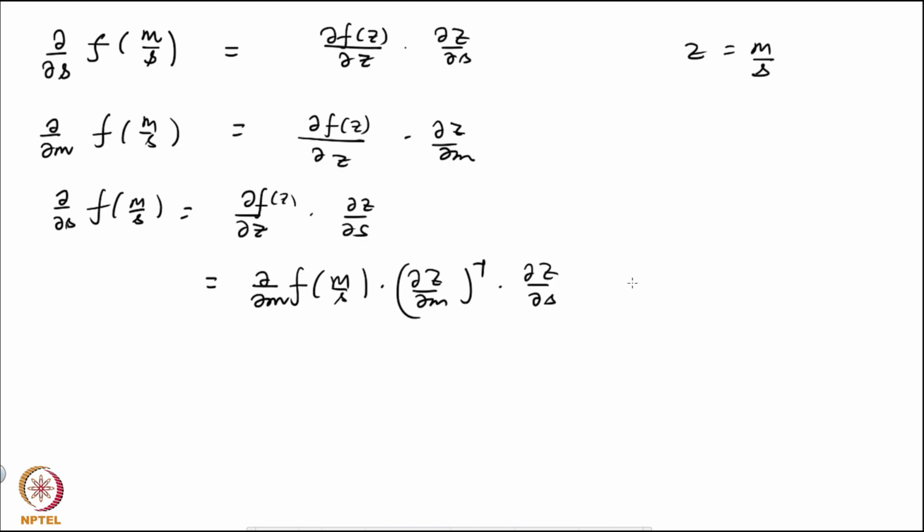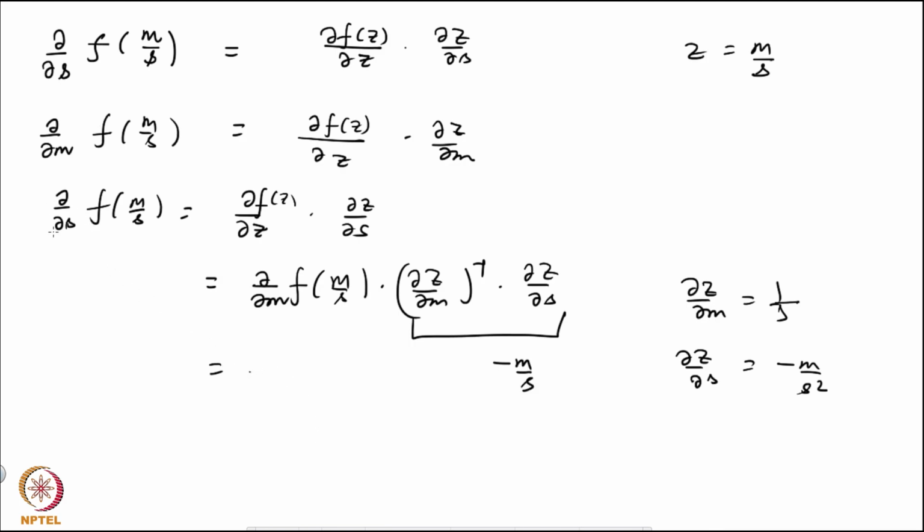Okay, and you can see that del z over del m is 1 over s, and del z over del s is minus m over s square. Okay, so here you get this product becomes minus m over s.